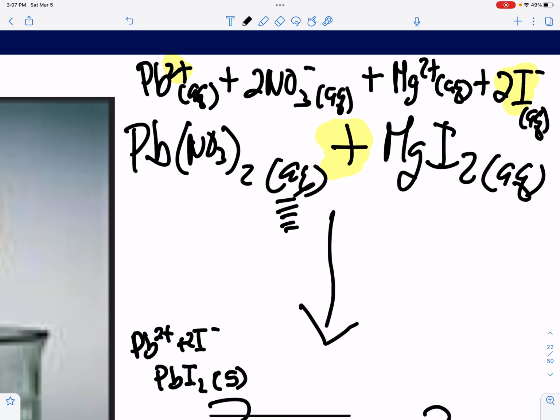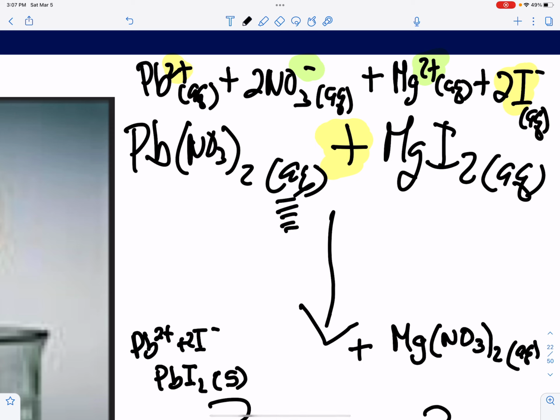And the magnesium, which is 2 plus, is going to go with the negative, with the nitrate. And that's going to give me magnesium nitrate, which is going to be aqueous.